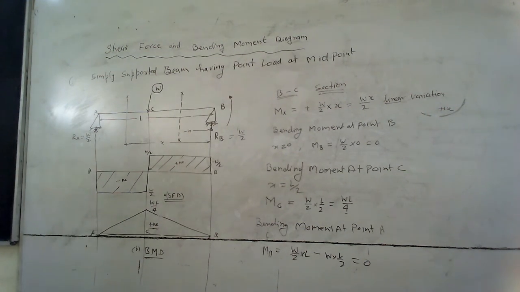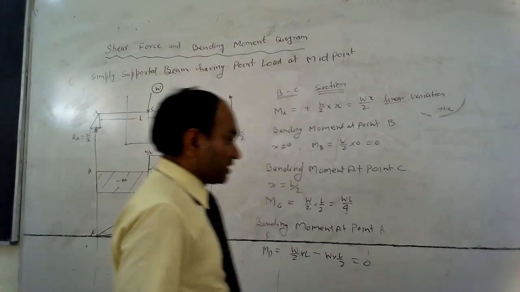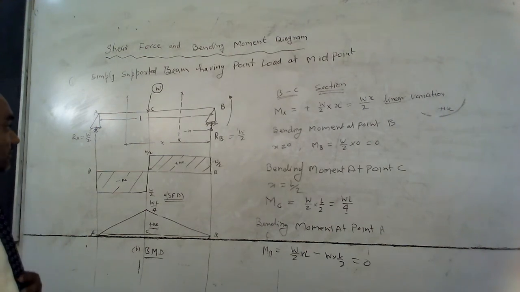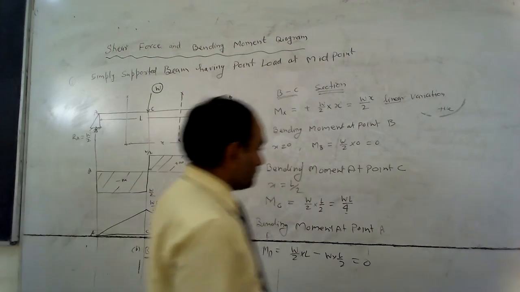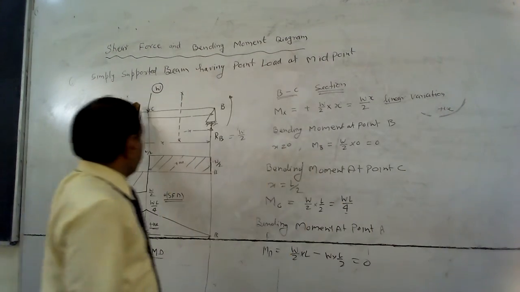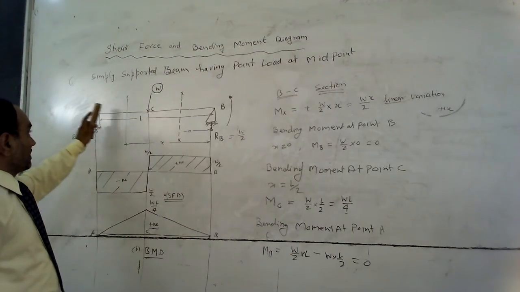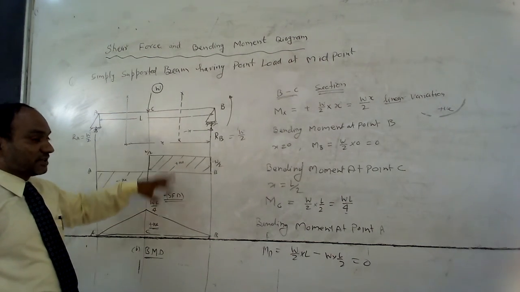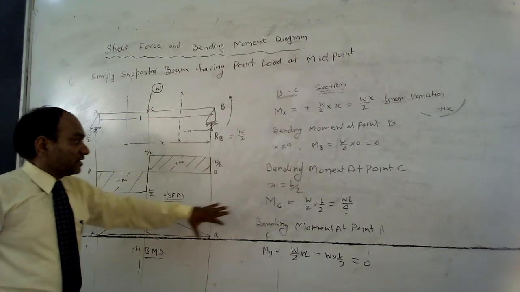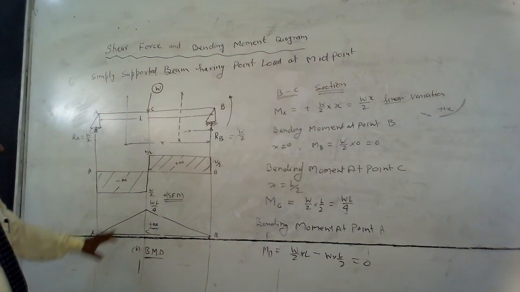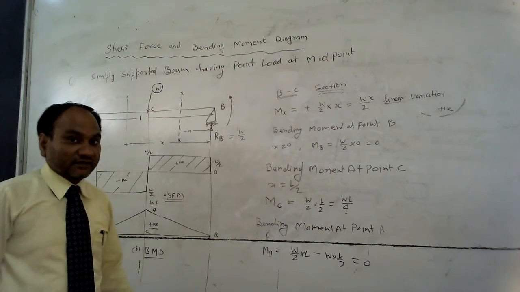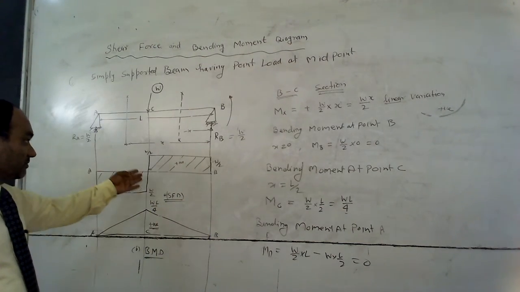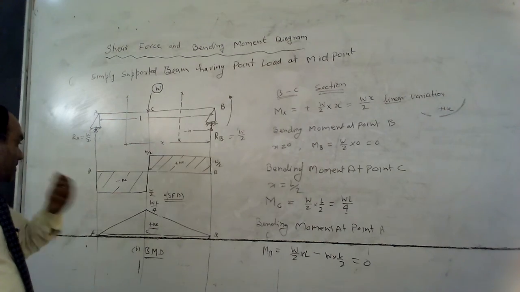So in this way, we can calculate the shear force and bending moment diagram of a simply supported beam having a point load at the midpoint, and this load can be applied anywhere in between A and B. For that, we can calculate the shear force and bending moment diagram, and we can find out where the shear force is maximum and where the bending moment is maximum.